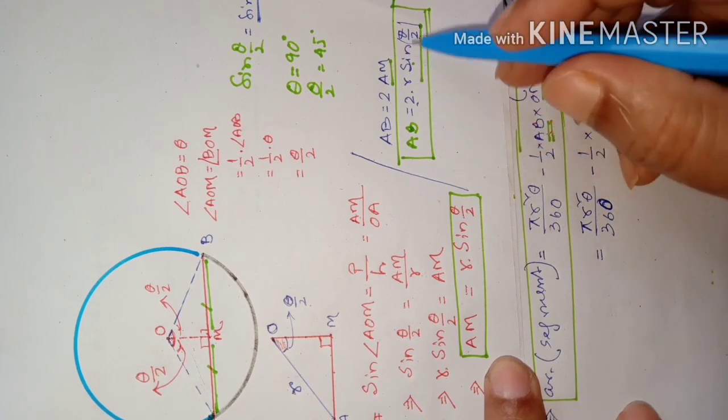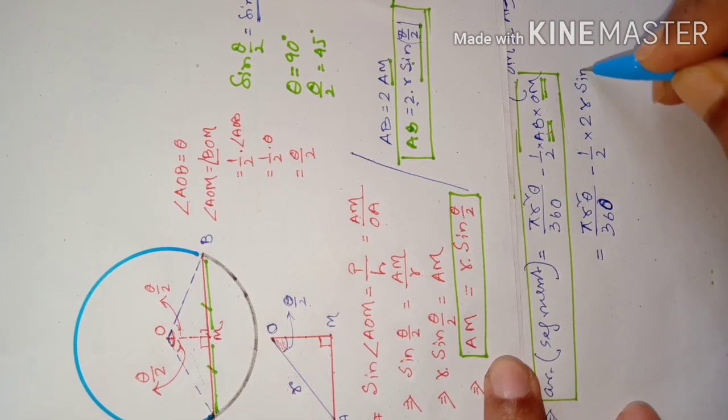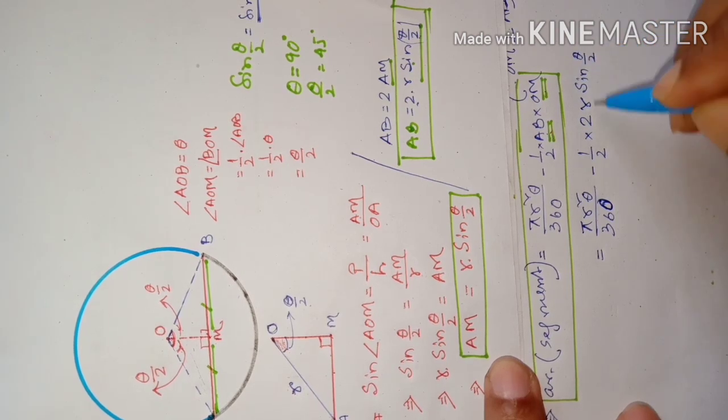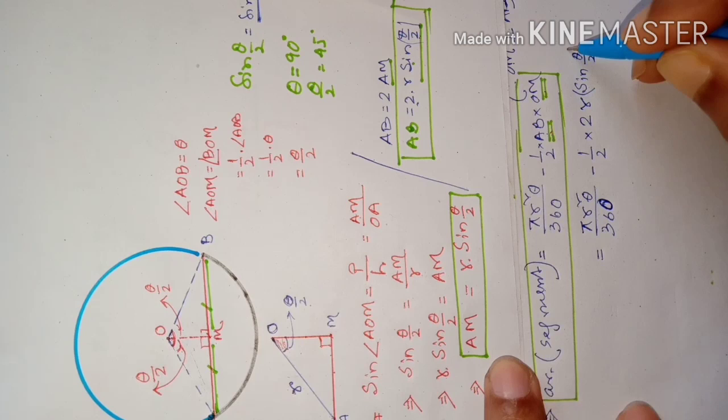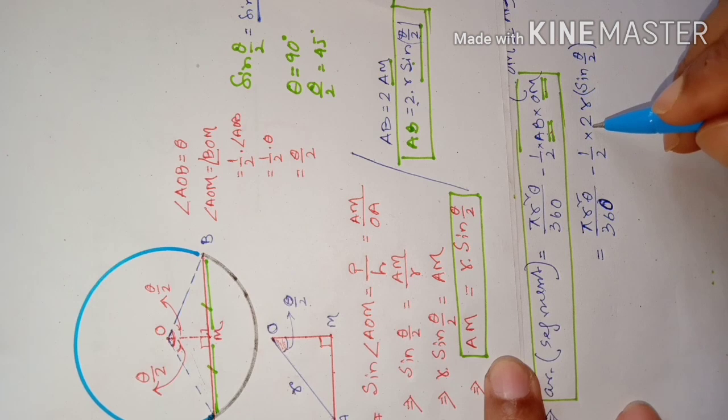Twice r sine theta by 2. Let us keep it in bracket like this so that we will understand this 2 is not cancelable with this 2. This 2 will be cancelable with this 2 because this is also a coefficient, and half is also a coefficient. We can cancel those factors. So we will cancel later, but we have not yet finished our work. AB is replaced now by this whole expression.